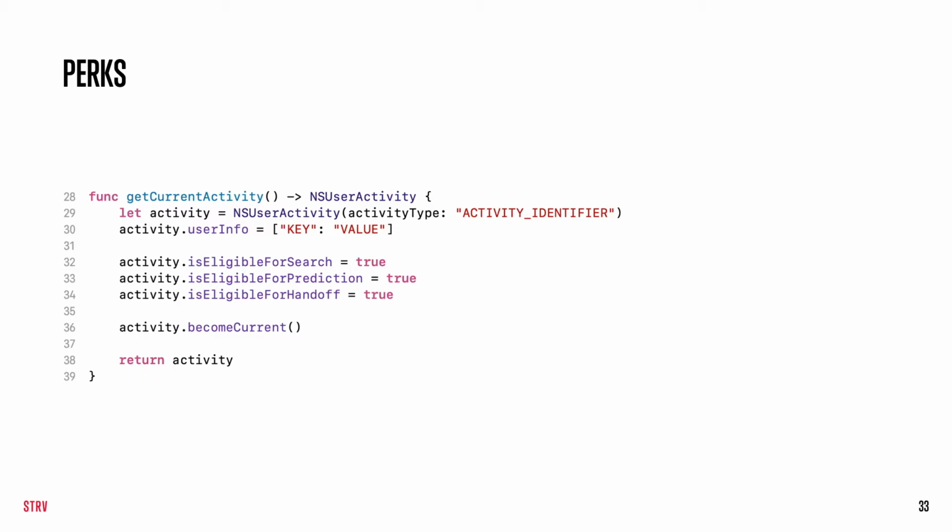This state can be searched in Spotlight, and if the user taps on the item in Spotlight, your app is opened at this state, but you have to implement state restoration for that. And third, this item also emerges as a suggestion for Siri. So if you implement state restoration and set these to true, you have three functionalities out of the box in your app.